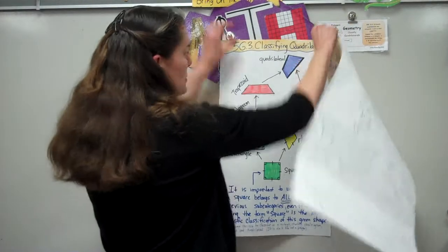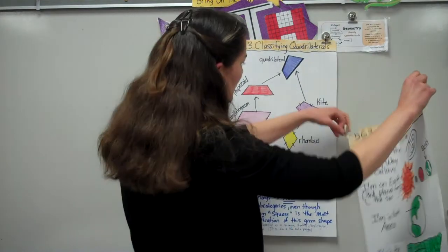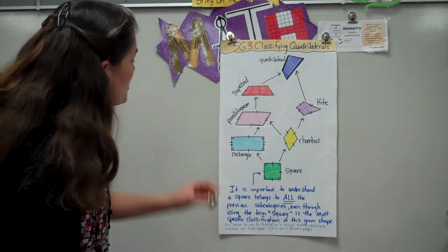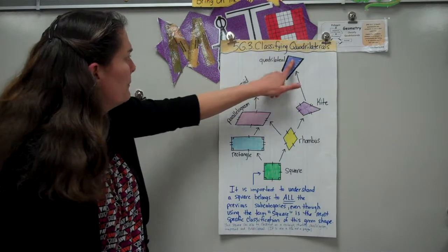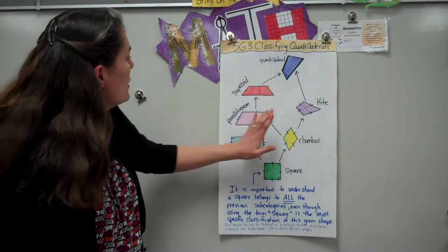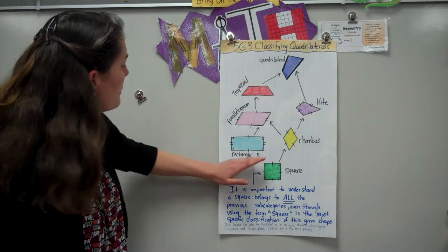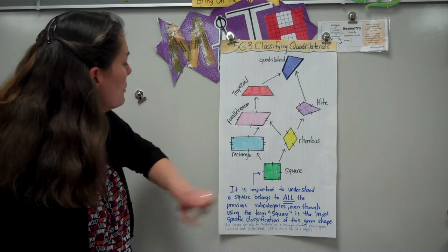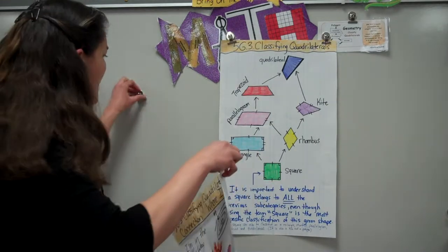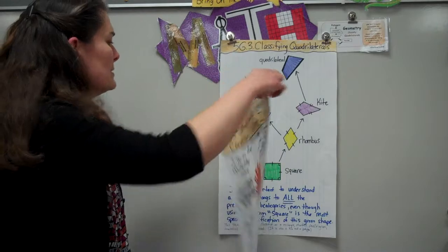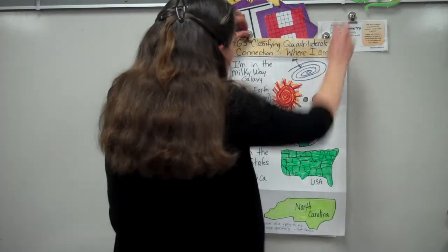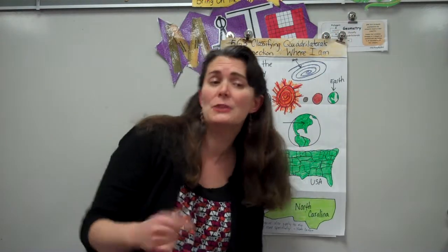So this is what it looks like in geometry. Aw, ooh, I just ripped that. Here's what it looks like in geometry. Breaking up quadrilaterals into trapezoid, that can become a parallelogram, that could be a rectangle, or could be classified as a square.